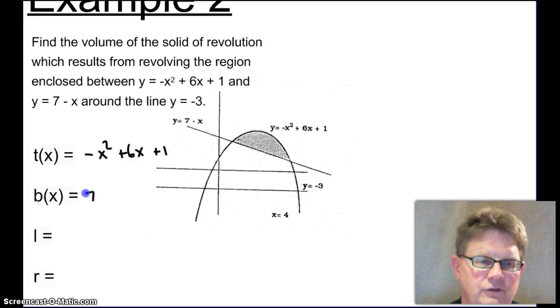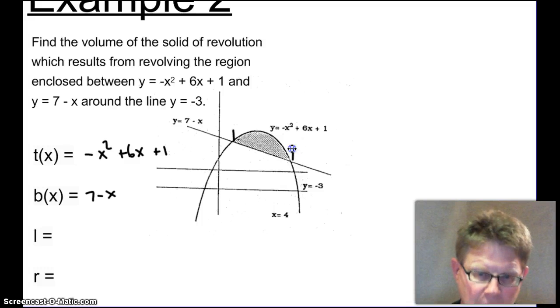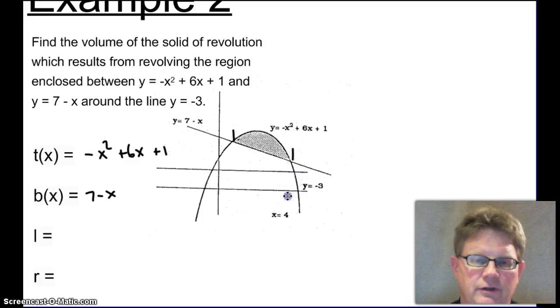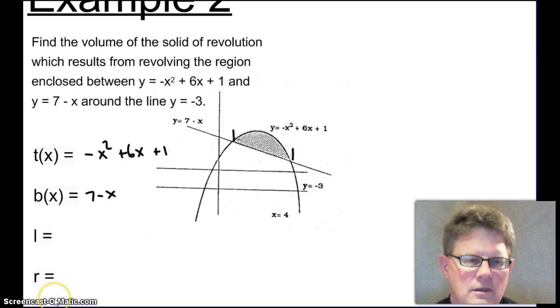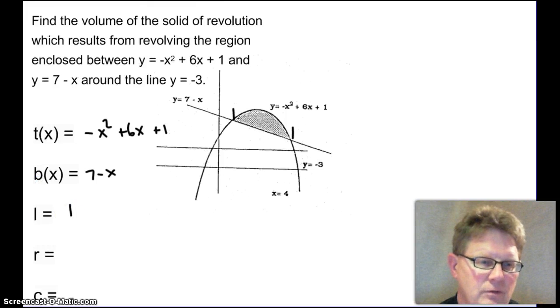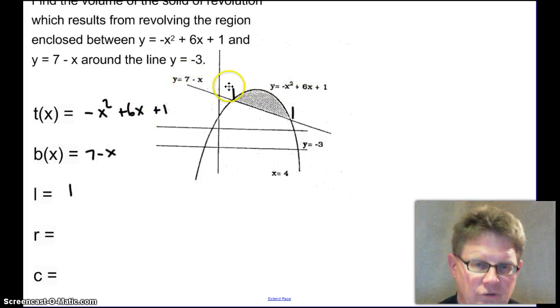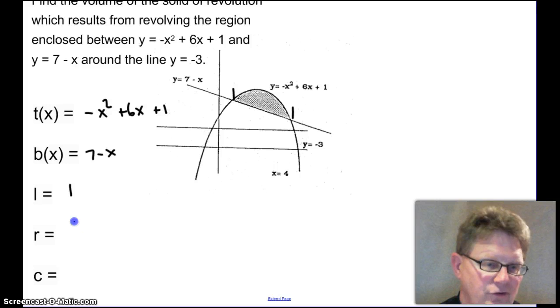The bottom function is 7 minus x. The left bound, you're going to have to figure out where those two intersect, and the right bound, you're going to have to set those equal to each other to find out what those two equal. The left bound will be 1 when you solve, and I'm not going to do the math here. Just set these two equal to each other and solve that quadratic. The right bound is 6, and the axis of revolution is negative 3.